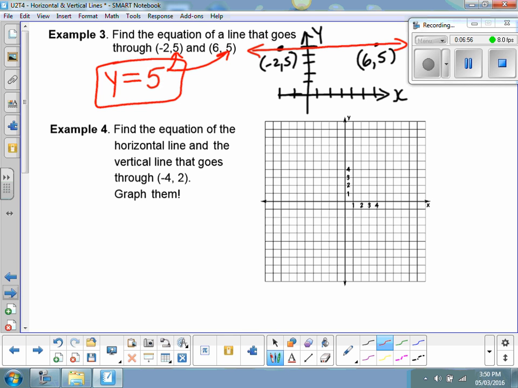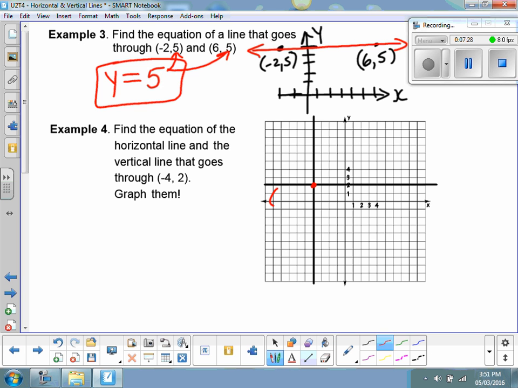All right, example 4. Find the equation of the horizontal line and the vertical line that goes through the point (-4, 2). So -4, 1, 2, 3, 4, and up 2. So there's (-4, 2). I want a vertical line going through that point, and I want a horizontal line going through that point. So there's my point.